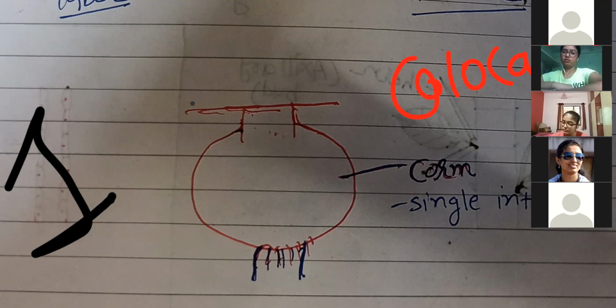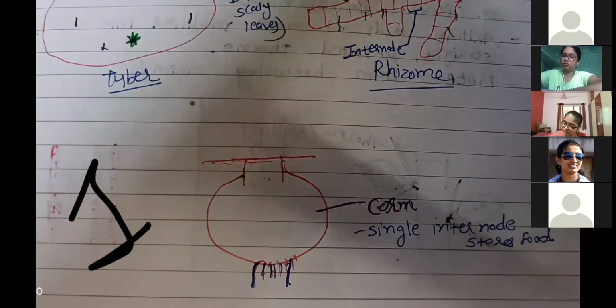But in colocasia, the internodes, only one single internode. Remember, not all. Only one single internode stores the food and becomes a fleshy, swollen, large structure. That structure we call the comb. Clear? So colocasia, zaminkan, amorphophallus, for all we commonly call that the comb.